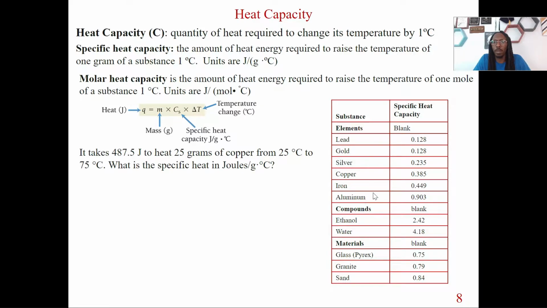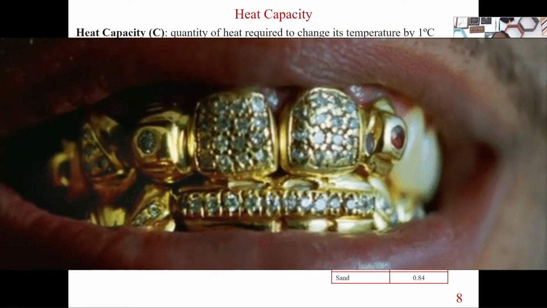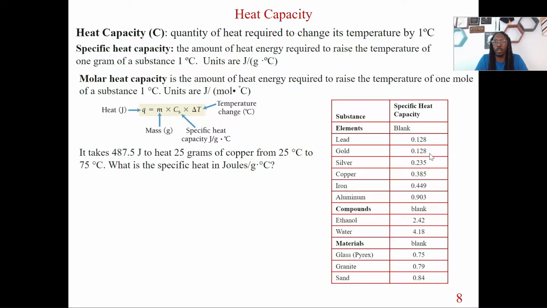So we have these metals over here with lower specific heat capacities, and what we can see, right, is that these metals are going to heat up very quickly, because they have low specific heat capacity. So with gold, it doesn't take much energy or heat at all to quickly heat up gold. In fact, gold, if you heat it up quick enough, it can actually melt, as we know, right?